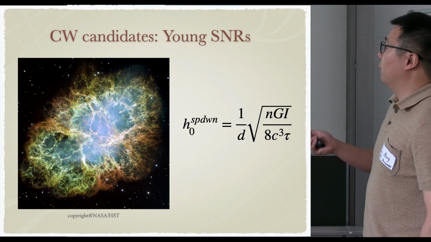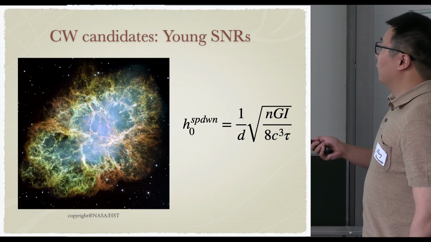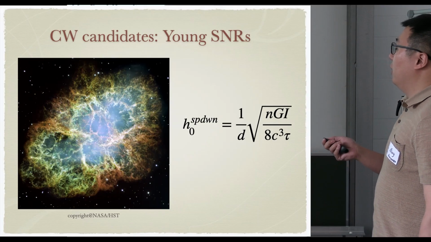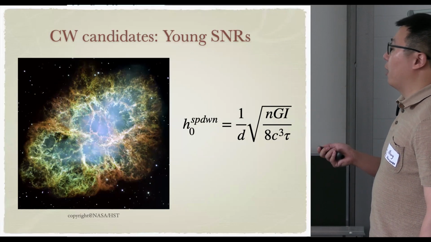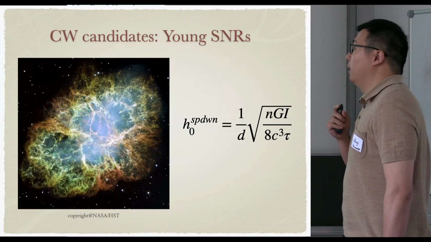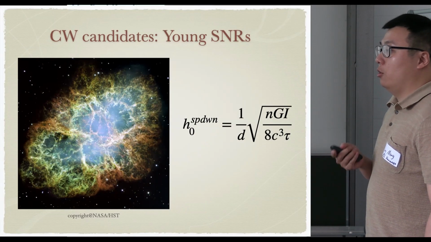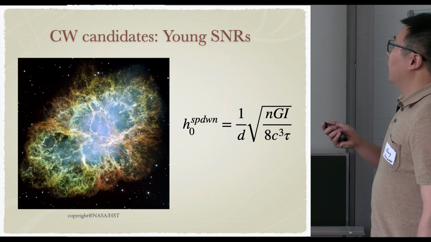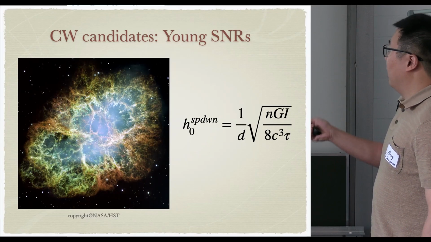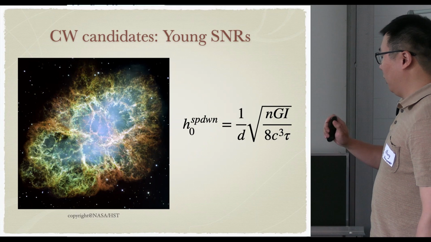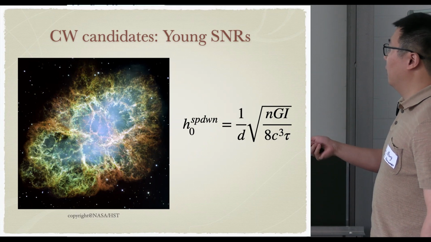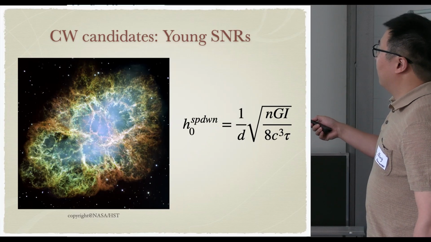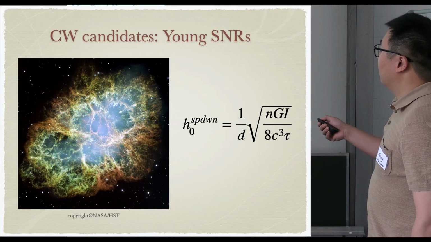It's mainly because of this formula, called the gravitational wave amplitude spin-down upper limit. Basically, you assume all the rotational energy loss is due to gravitational wave radiation. Then you get this upper limit, which is determined by the distance and the age of the source.